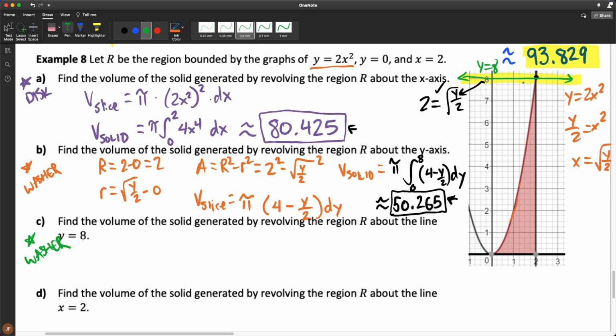I'll draw my big R, which again goes from that axis of revolution all the way to the outside of our region. So that's big R. And that's a dx strip. And little r goes to the inside.